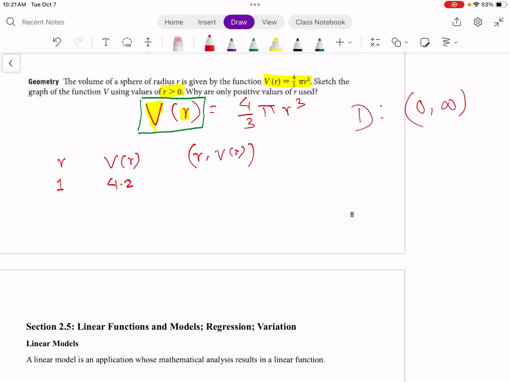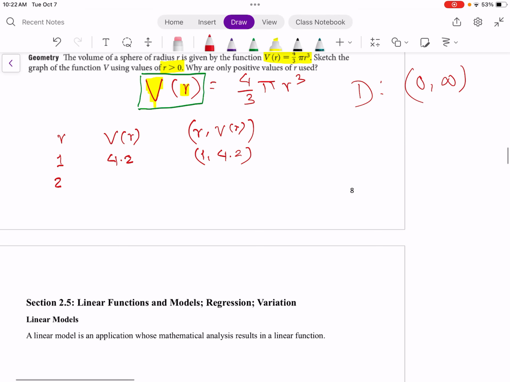Okay, let's take our r equal to 2. So if our radius is 2, then what will be our volume? So 4.2 is one point. What will be the volume when radius is 2?